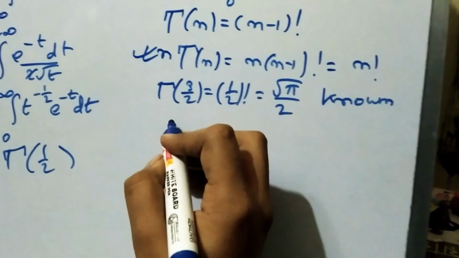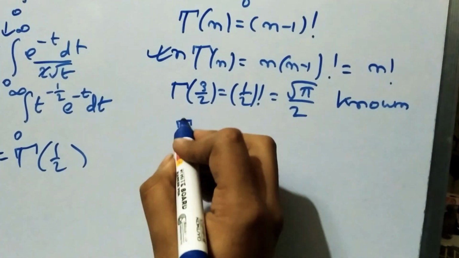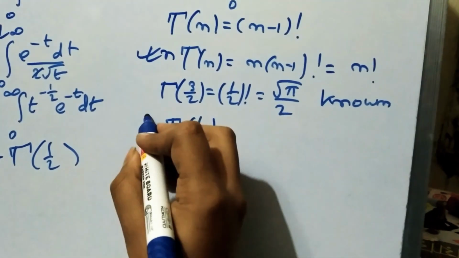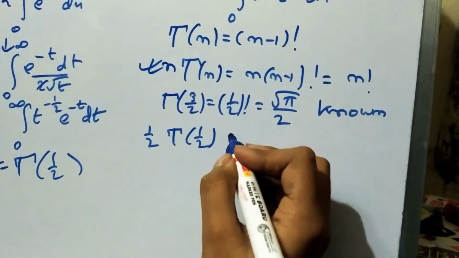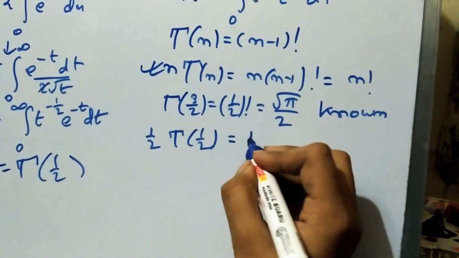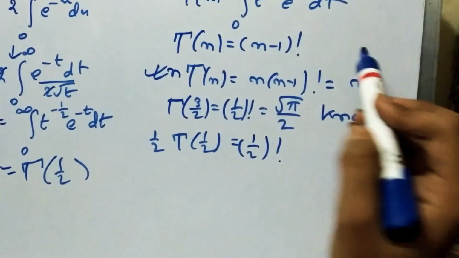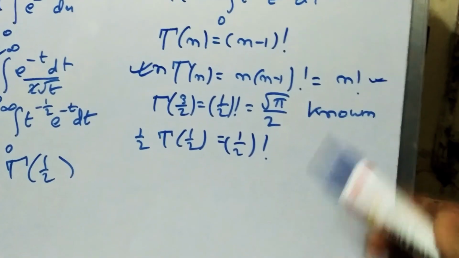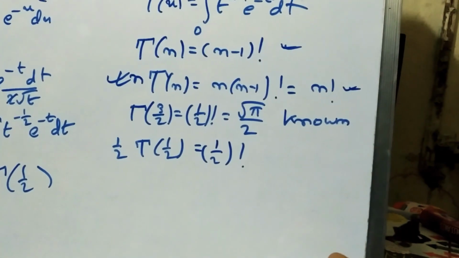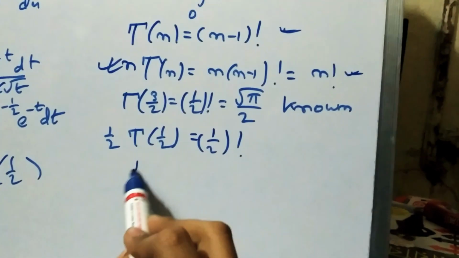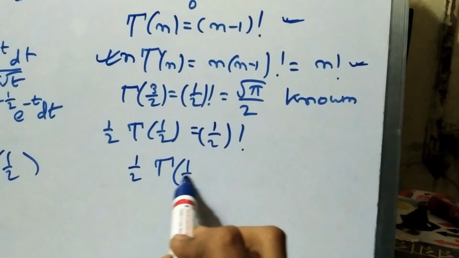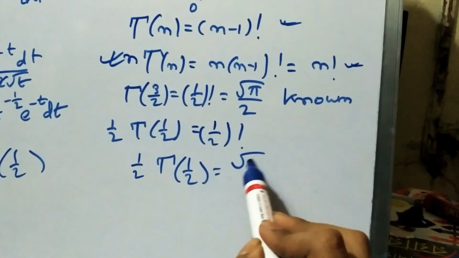So in fact, half times the gamma function of half is half factorial, which is root pi by 2.